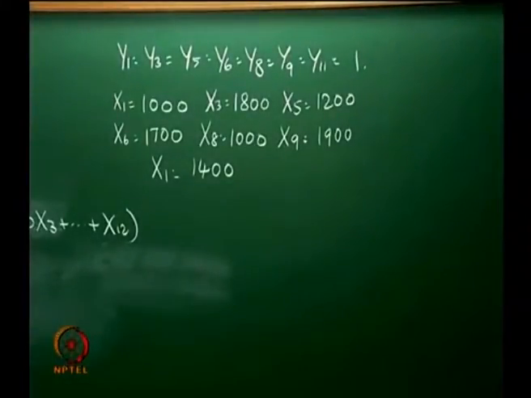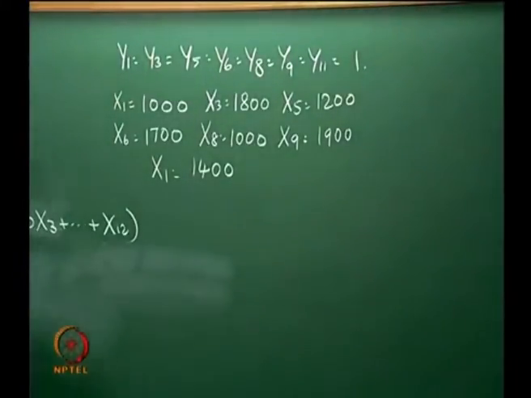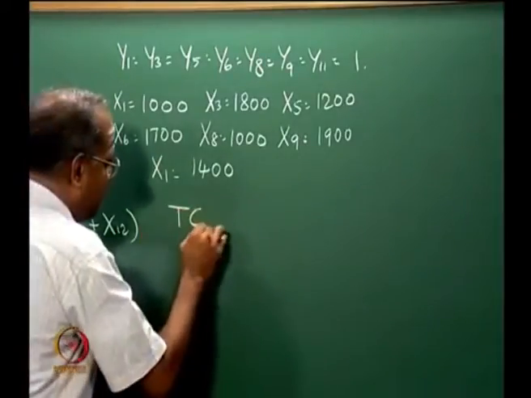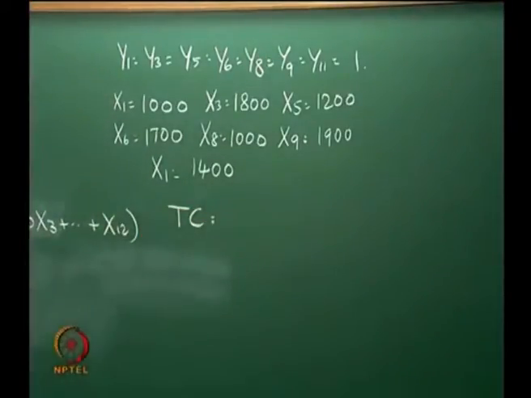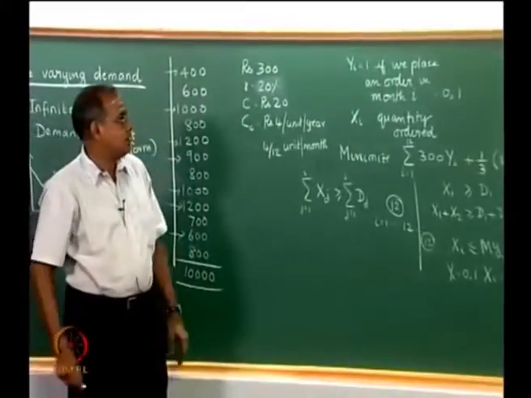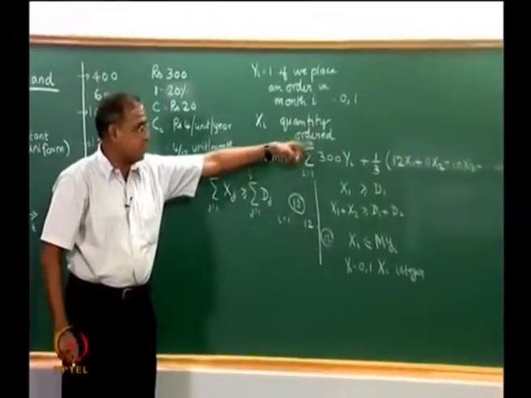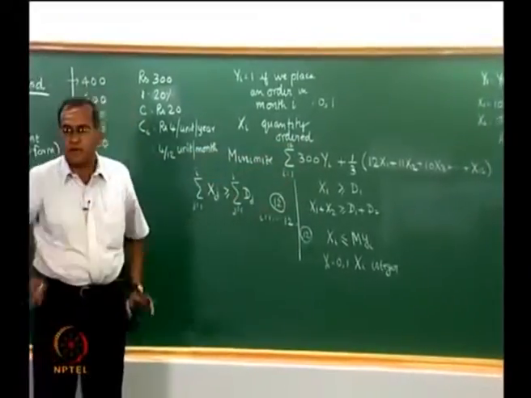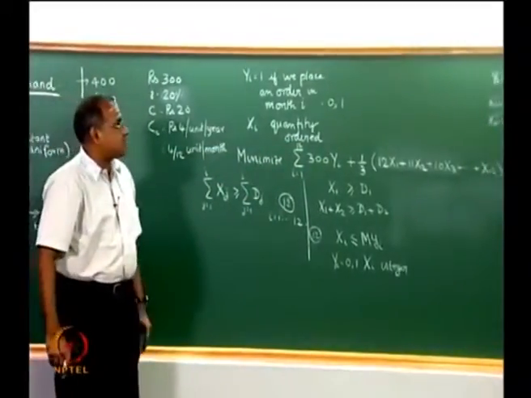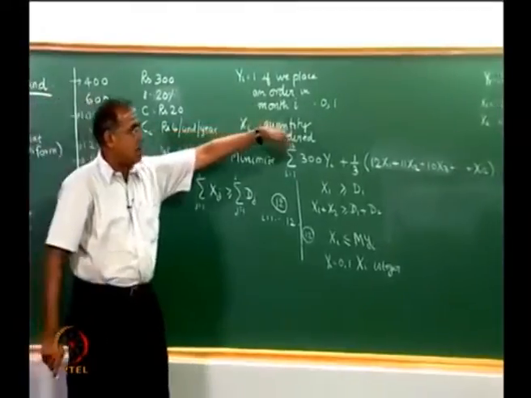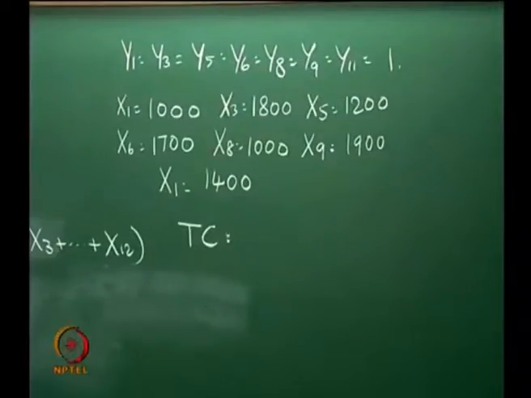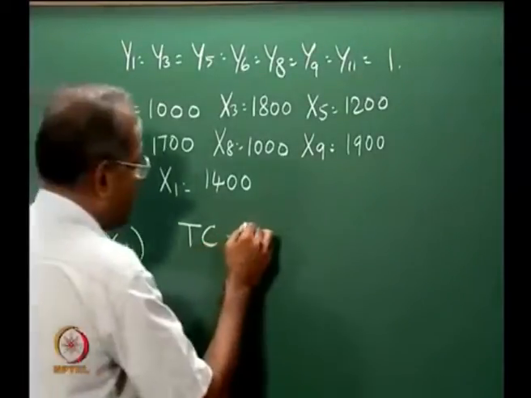Now what is the total cost associated with this system? Total cost would be given by the objective function value here. This would be the objective function value, plus of course that constant has to be added. So what we will do now is we will compute the total cost. So there are 7 orders here, so 7 into 300.